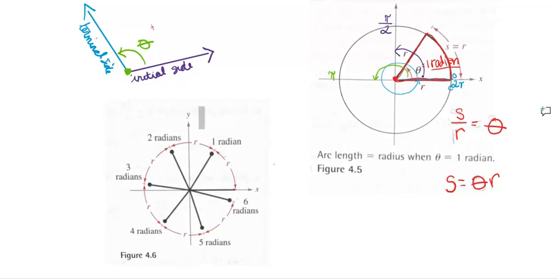So it's half of half, which is half of pi, which is pi over 2. And if it makes 3/4 of a revolution, it starts here, goes 3/4 of the way around, and lands here, then we're going to have 3 pi over 2 radians. That's how big that angle would be.